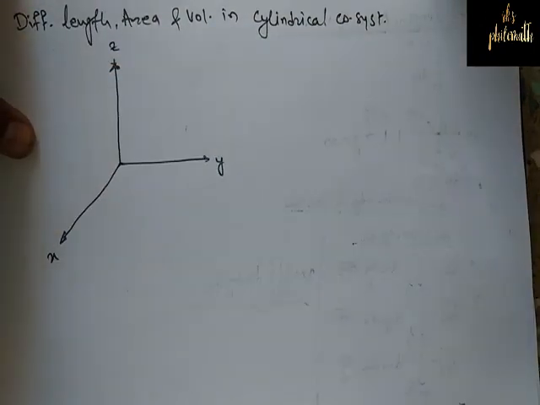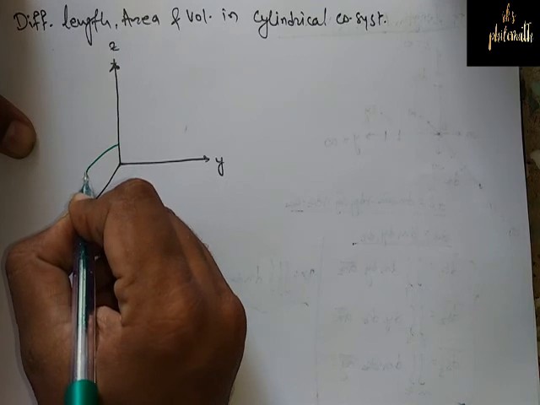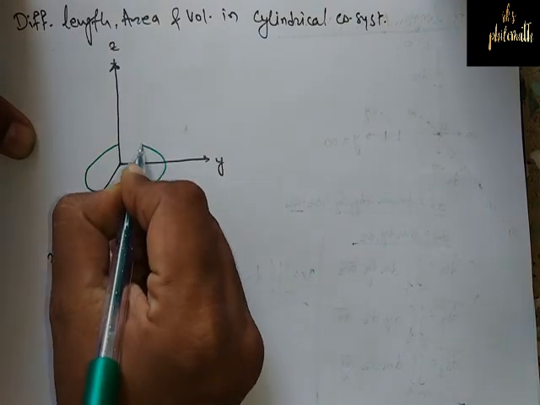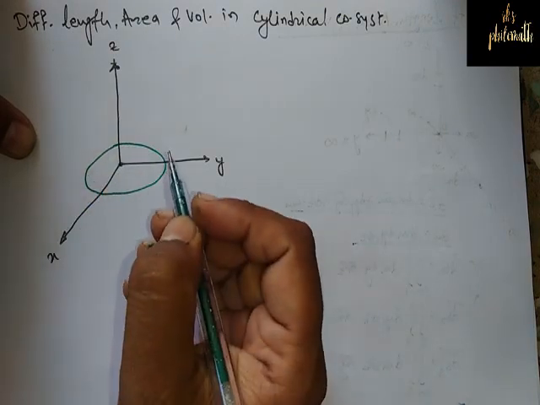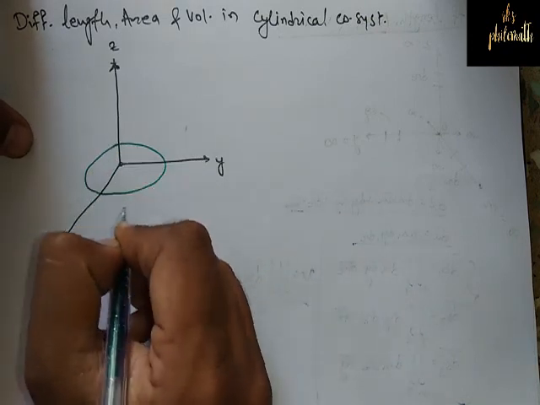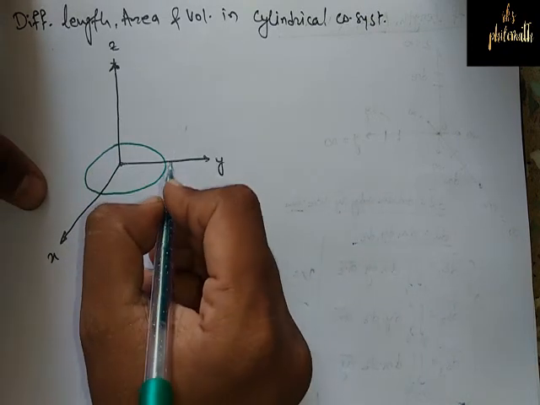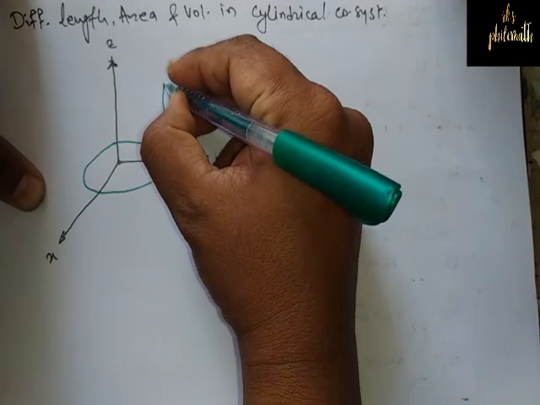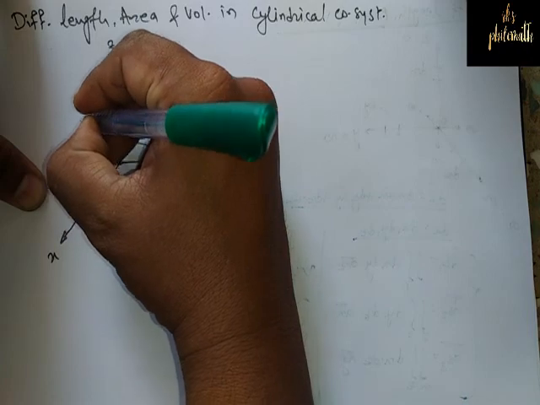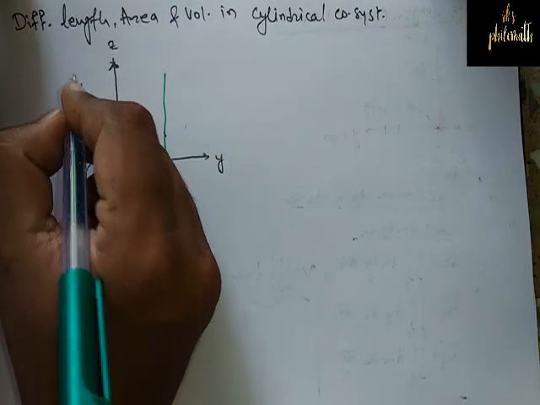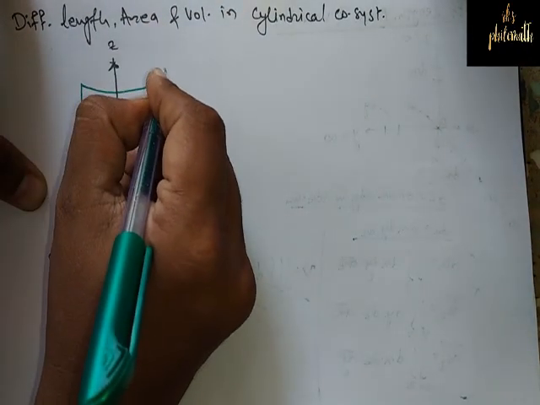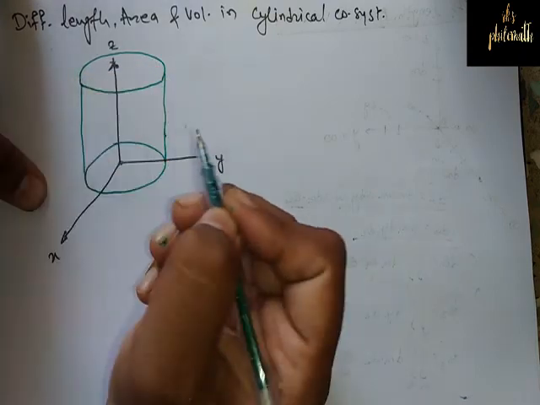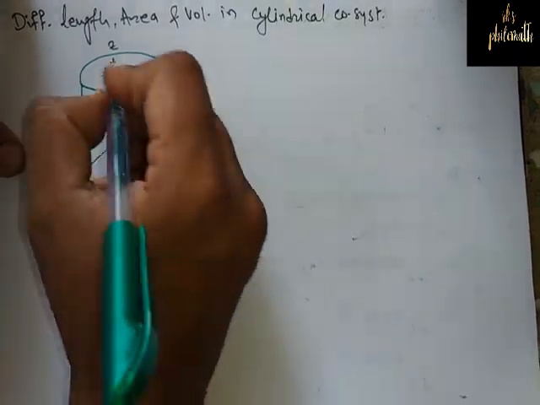The Cartesian coordinate system is base of all coordinate system, and then we have to draw a circle with origin as a center, and this particular circle is the base of our cylindrical coordinate system, and we have to draw a parallel line to that particular circle, and again we have to draw the upper circle of this cylinder with center as z-axis.